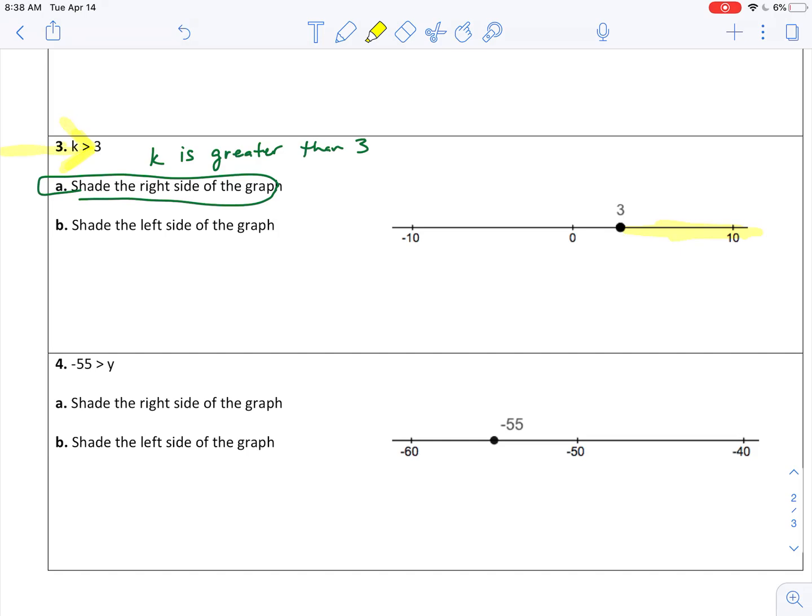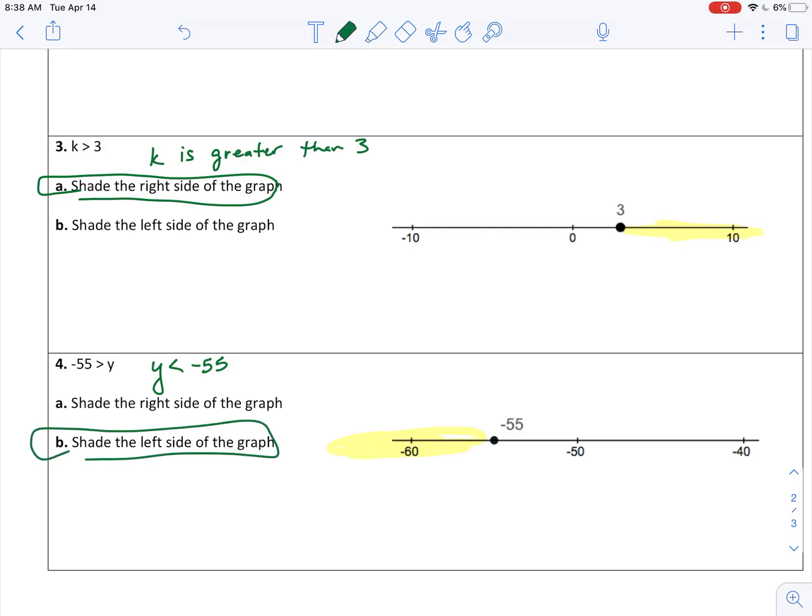Well, 0 is not bigger than 3. But 10 is. So I'll shade over by 10, which is the right side of the graph. And we can always look again at the symbol opening up toward k, almost like an arrow pointing which way we should shade.